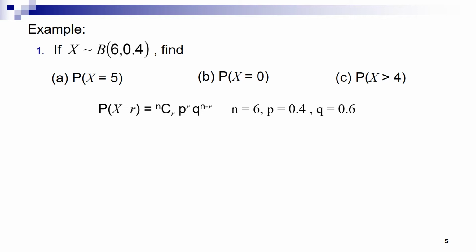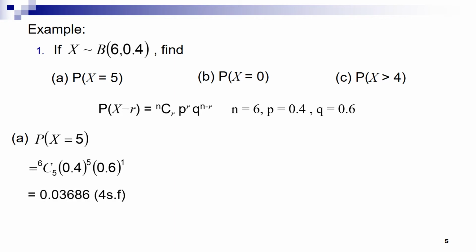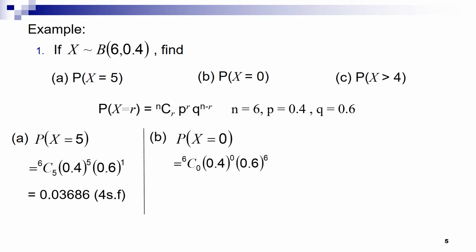So the first question, finding the probability of X equal 5. So substitute r as 5. Okay, you evaluate. You have 0.03686 rounded off to 4 significant figures. Part B, the probability of X equal 0. Substitute r as 0.